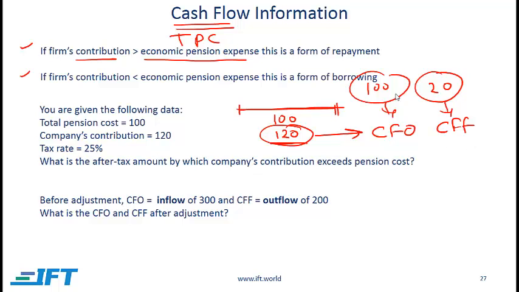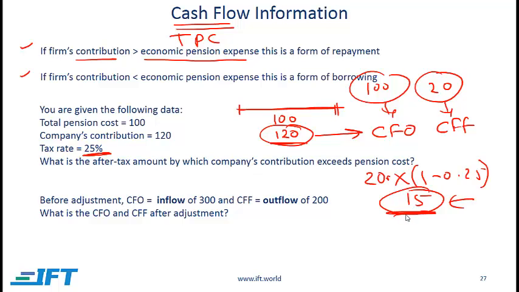These numbers are on a before tax basis. If we have a tax rate of 25%, then on an after tax basis, we'll have 20 times 1 minus 0.25, which is 20 into 75%, 15. So on an after tax basis, the adjustment needs to be 15.